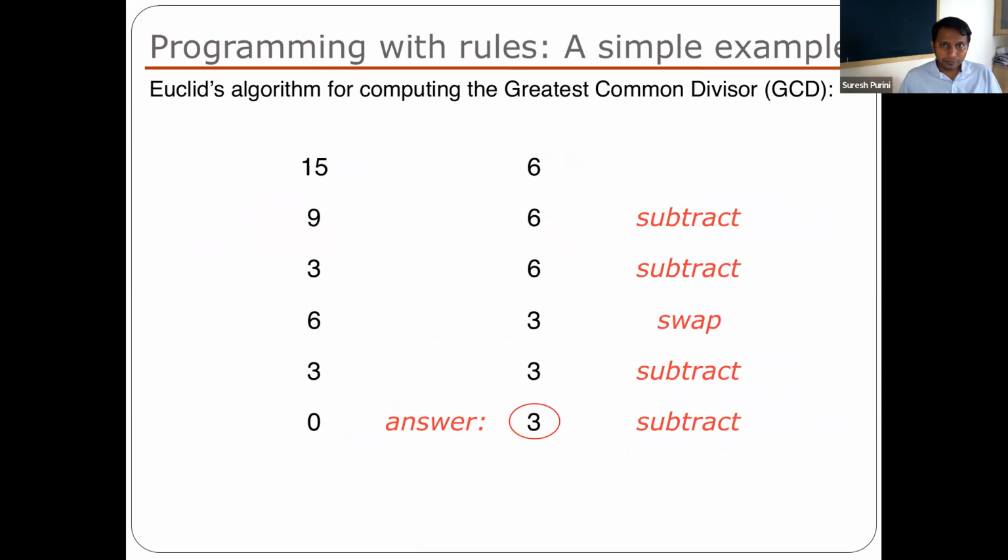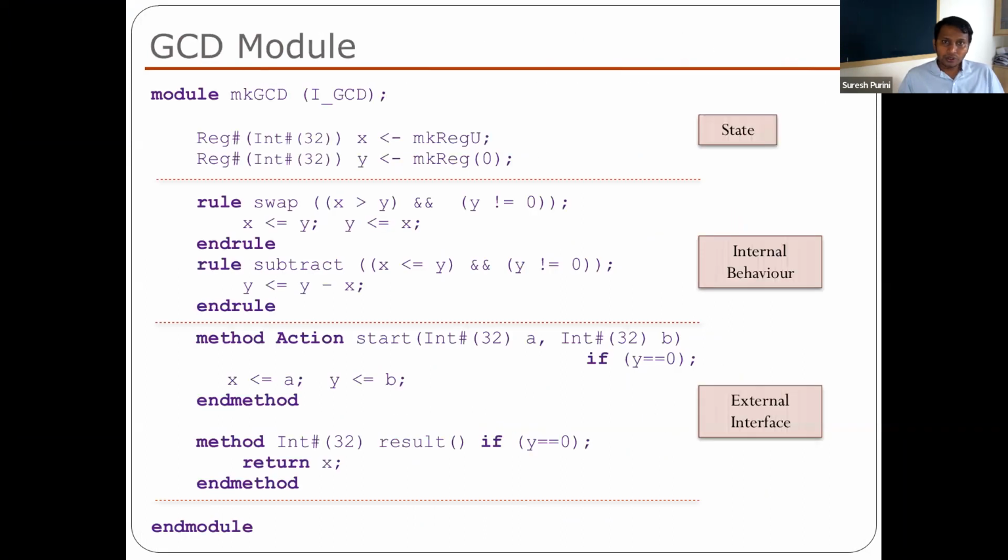To review, we have this GCD module in Bluespec SystemVerilog. It consists of 3 parts. One is the state. The other is how the system evolves as time progresses. Time progresses in terms of clock pulses. And finally, there is an interface to every module.